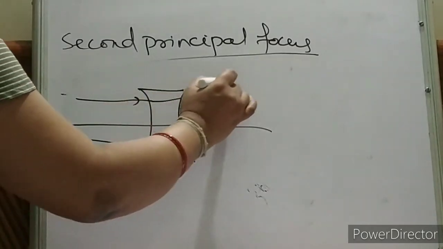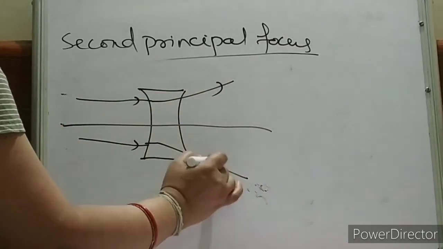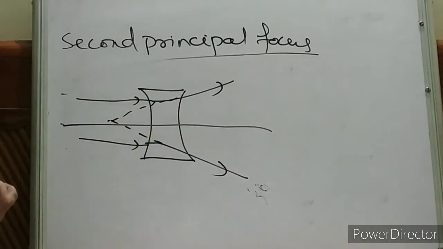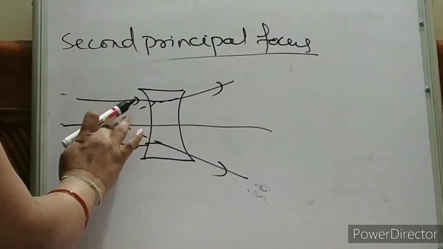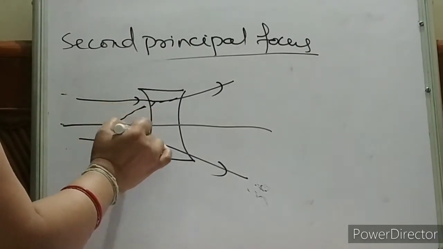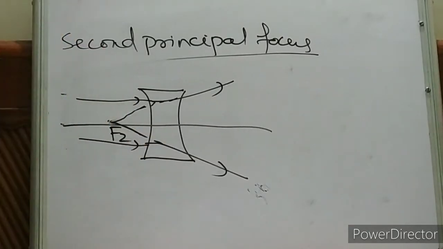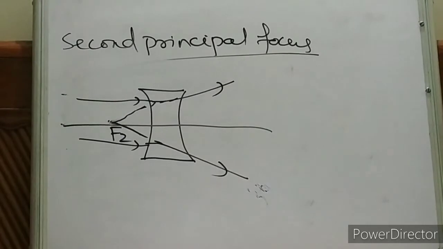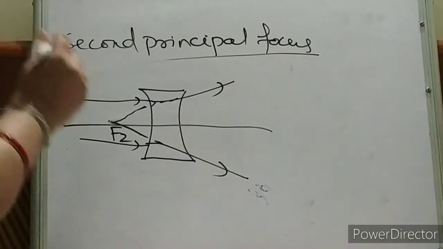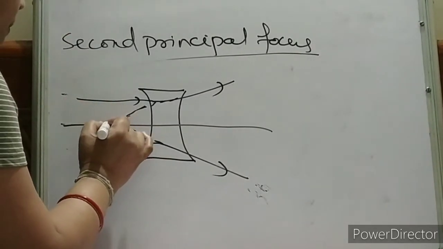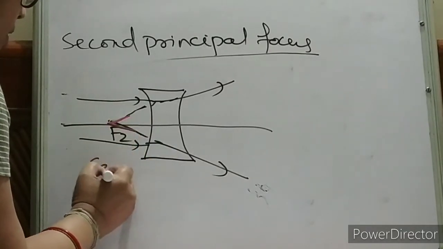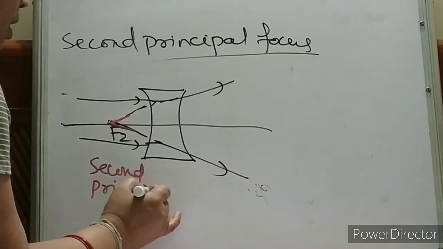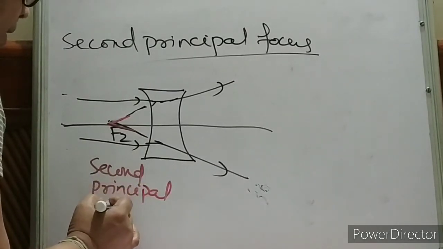So they will diverge like this, and when produced back, here, let me draw. Here you will get your second principal focus. Clear children? This is your second principal focus. Let me do it clearly. This is your second principal focus for the concave lens.